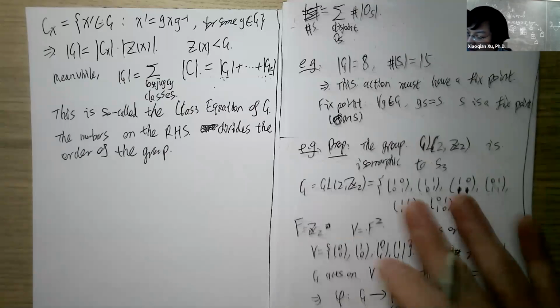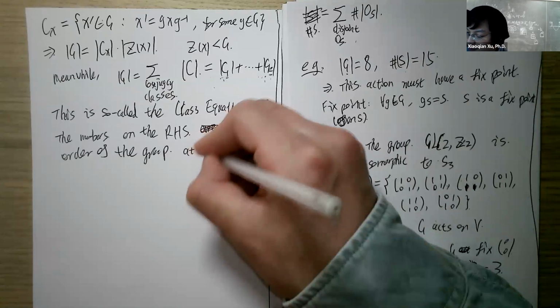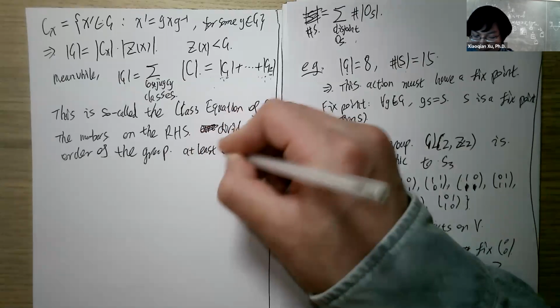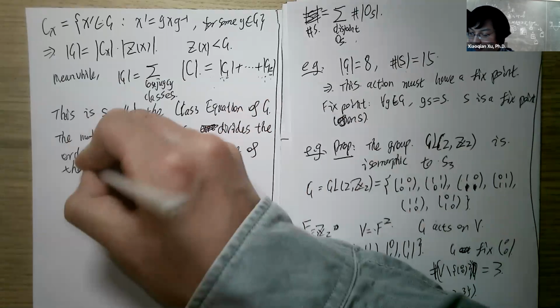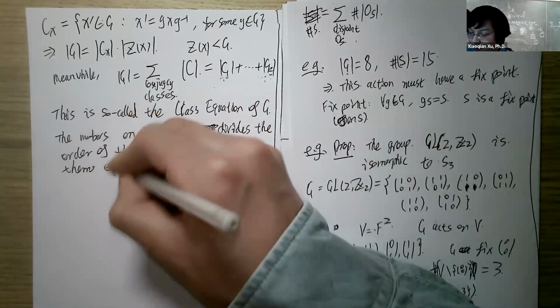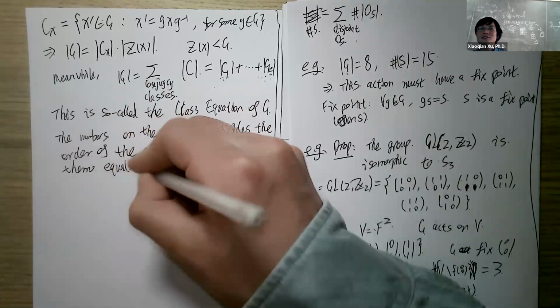Moreover, at least one of them equals 1. Why is that?